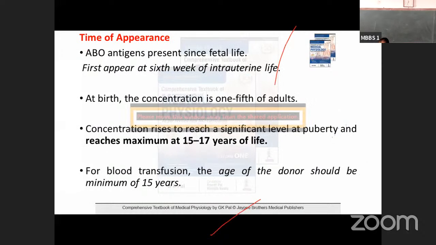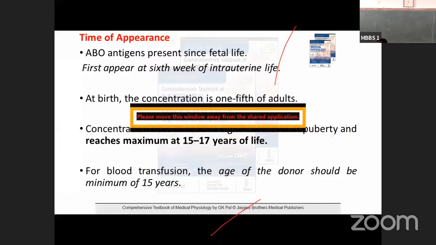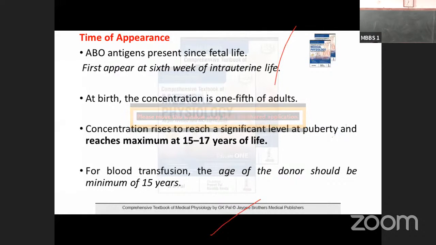Time of appearance: these antigens A and B appear at the 6th week of intrauterine life. At birth their concentration is only one fifth of the adult level, and they reach the adult level at 15 to 70 years of age.